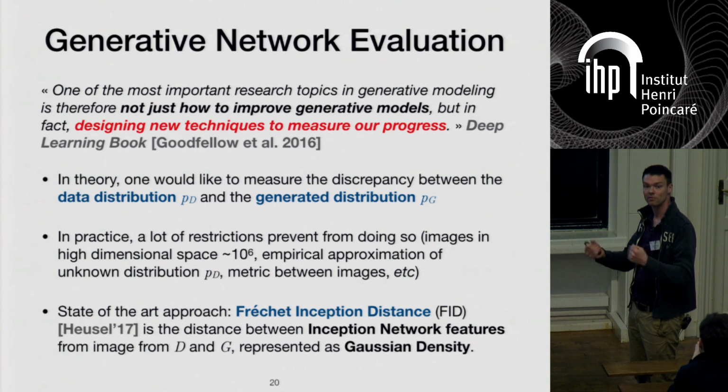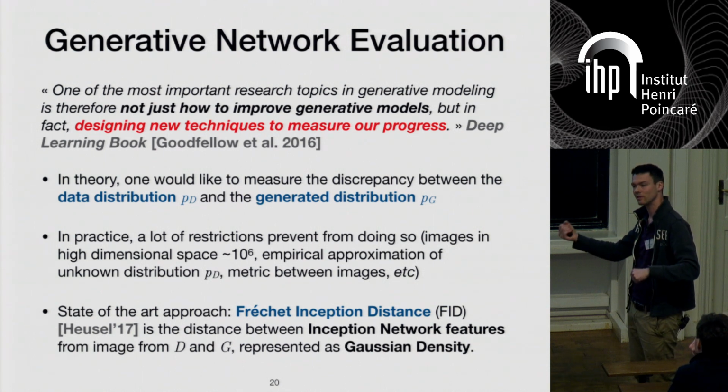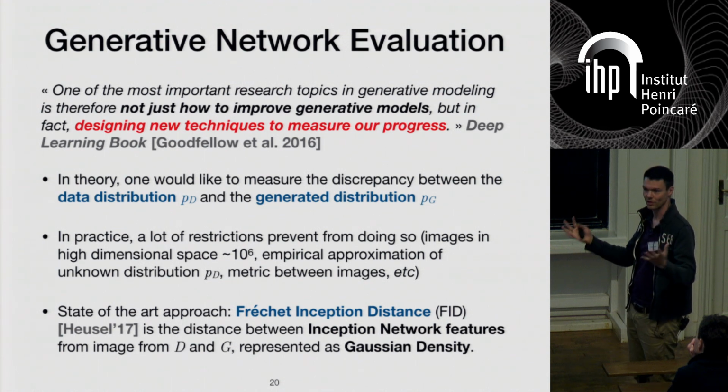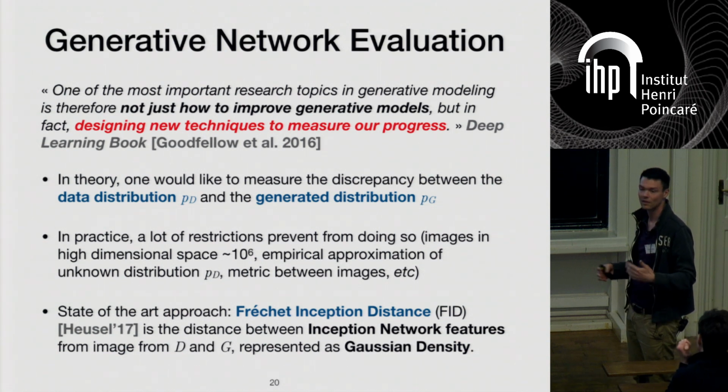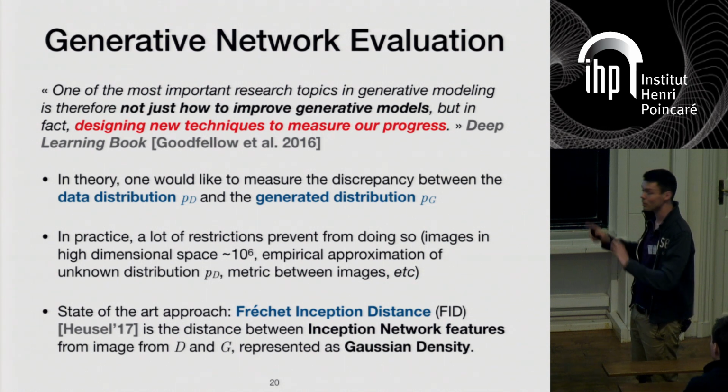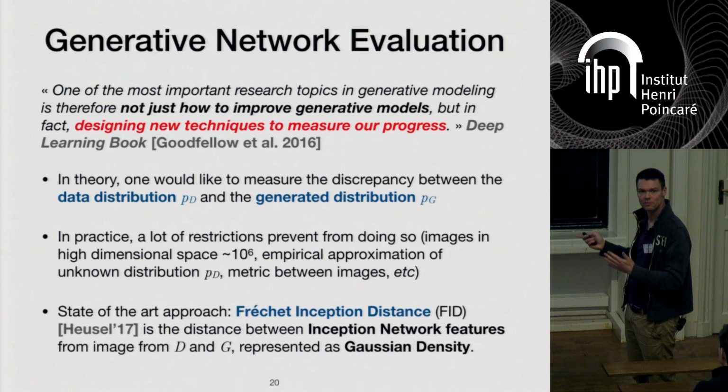We aggregate them for each dataset, the generated set and the dataset. And to compare the two, we fit a multivariate Gaussian distribution. And to compare those Gaussian distributions, we compute the Frechet distance. And the Frechet distance is no more than optimal transport between two Gaussian distributions. Okay, so we'll keep that in mind. We'll compare this metric later.